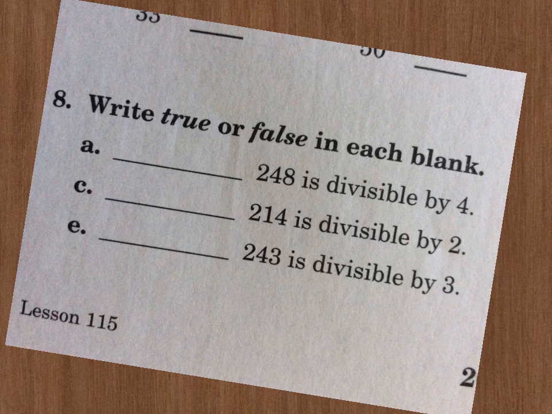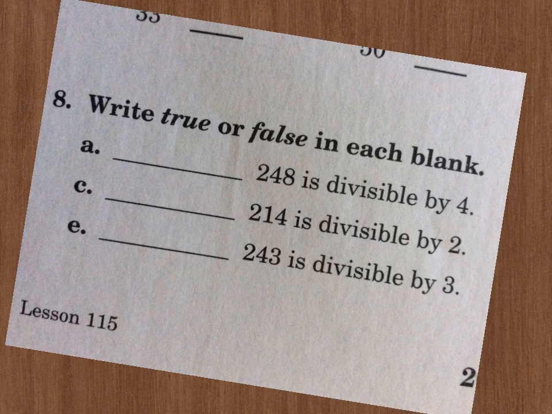For A, 248, is that divisible by 4? Stand up if you think it's true. Go ahead and sit down. Stand up if you think it's false. Go ahead and sit down.